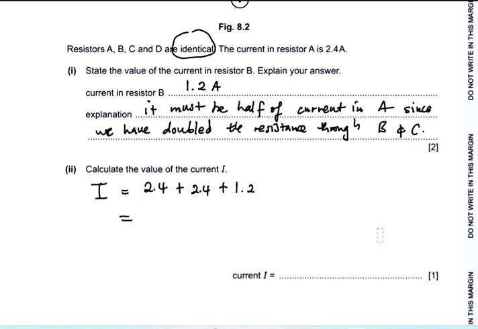This will give us 4.8 plus 1.2, which is 6 amps. So the total current in the whole circuit is 6 amps.